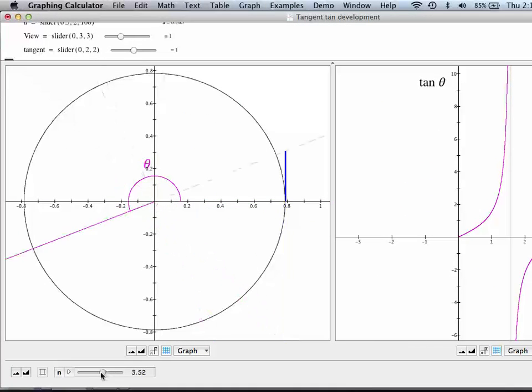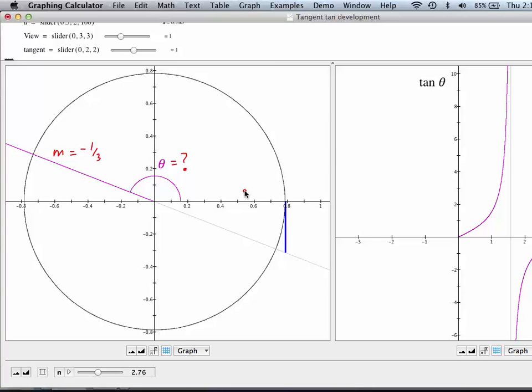So for instance, I've got this angle right here, and I'm going to tell you that the slope of the terminal side is negative 1/3, and I want to know what this angle is into the second quadrant. All right, so use your calculator and figure out what angle.